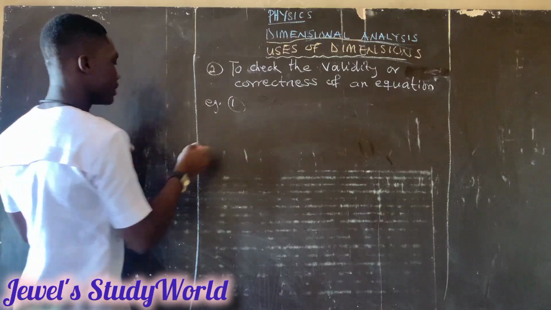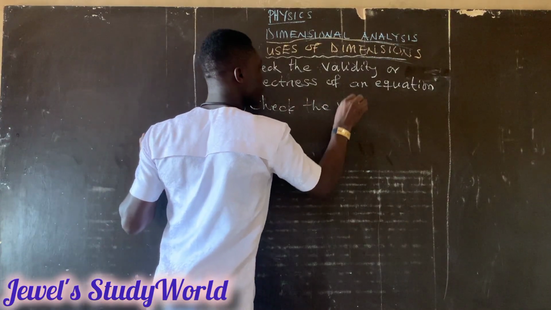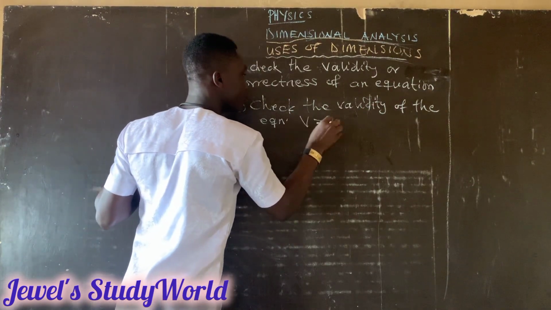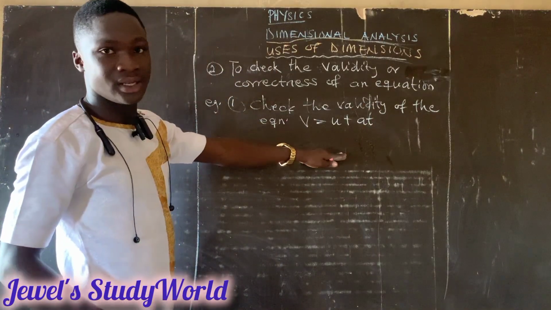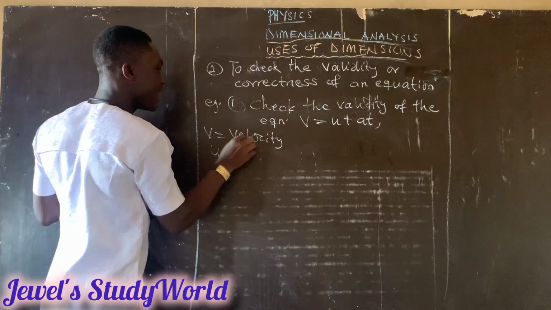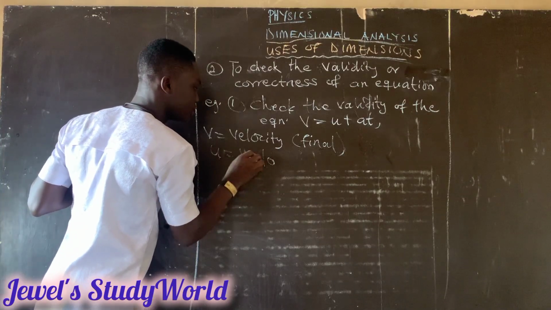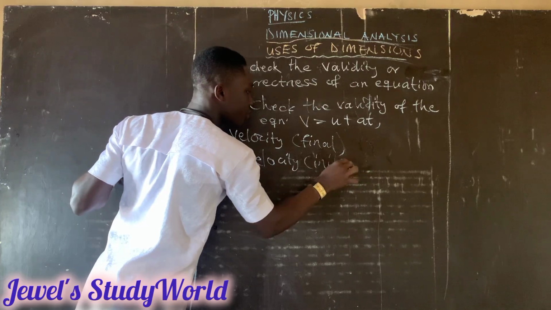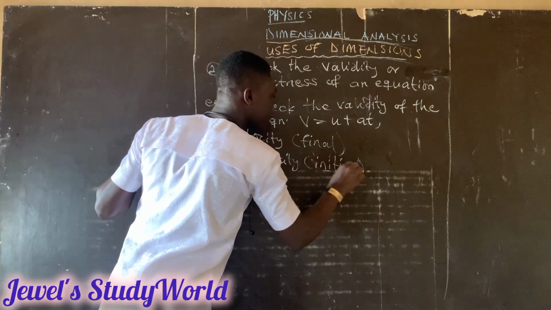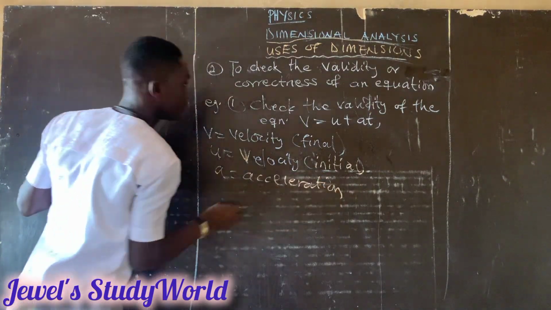Example 1. Check the validity of the equation v is equal to u plus at, where v is the final velocity, u is the initial velocity, a is acceleration, and t is time.